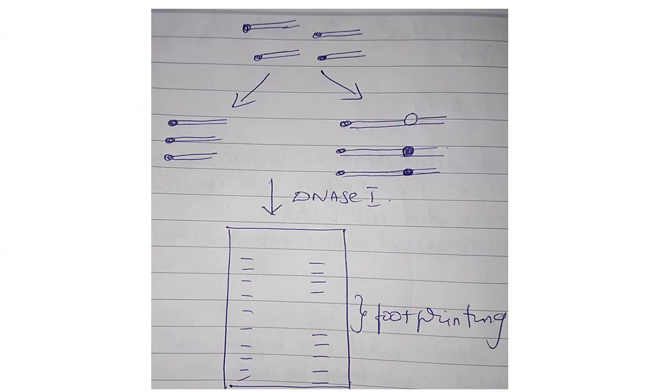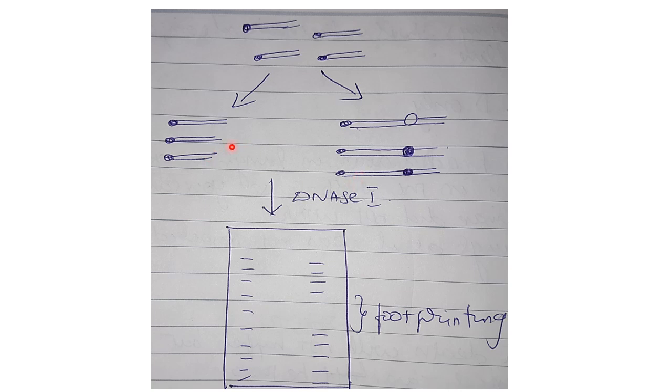This is the DNA footprinting. Here, these are the DNA fragments. They are labeled at the 5' ends. This is 5' end labeling. Then you take one set as control and to the other set you add your protein of interest which will bind to the DNA fragments. So here you get only DNA fragments but without the protein of interest bound to DNA.